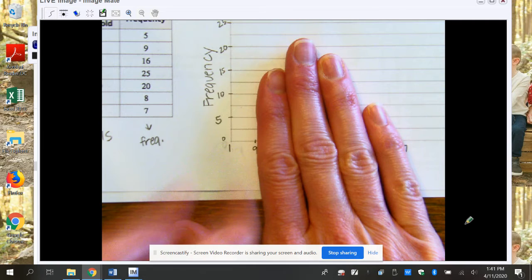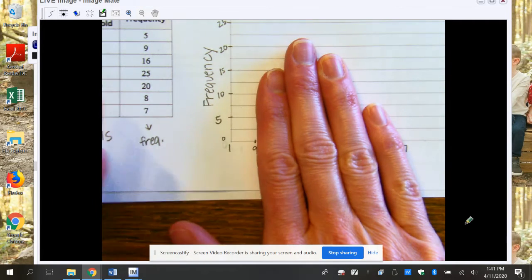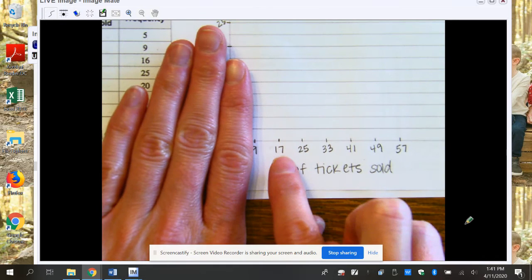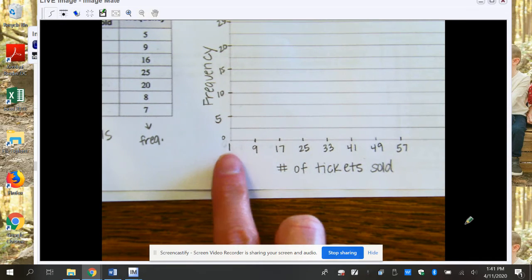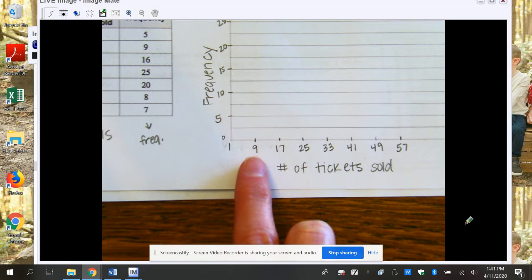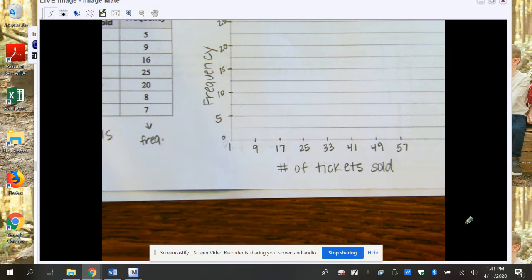So I would still interpret this as 1 through 8, and then this would be 9 through 16. Again, the left number of your bar is where the interval starts, and this is where the next interval starts, and so on and so forth.